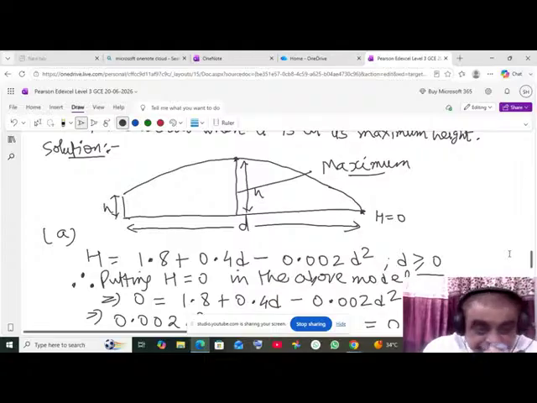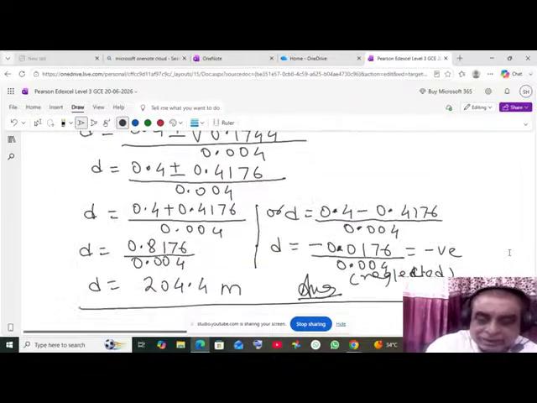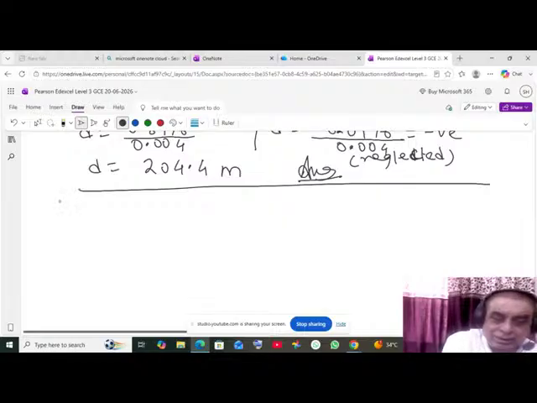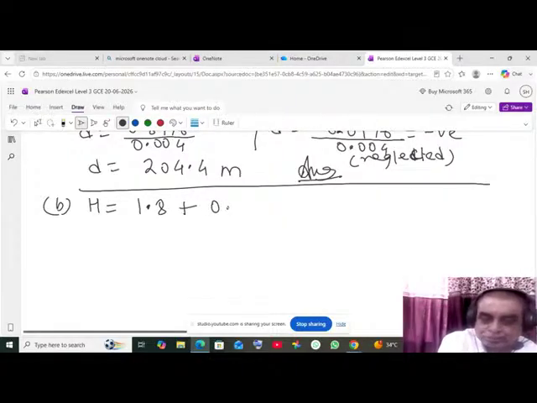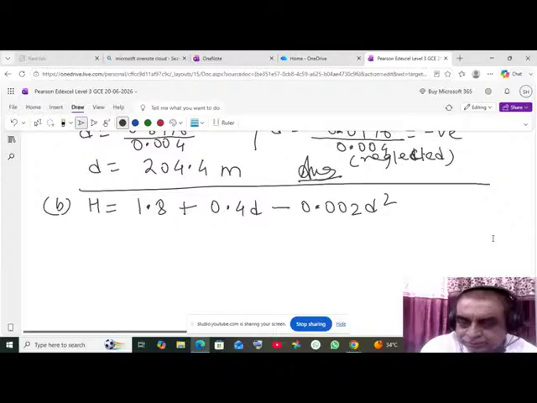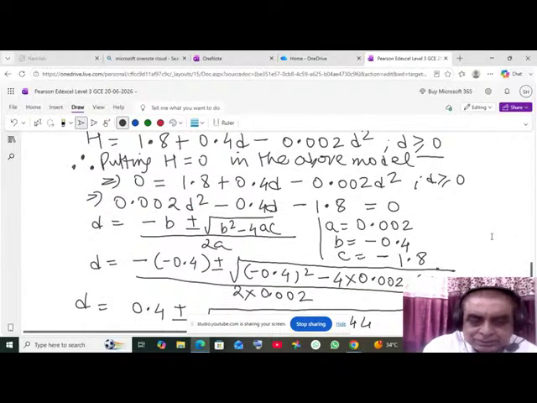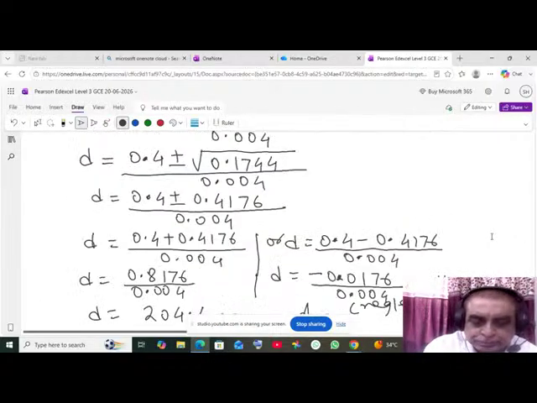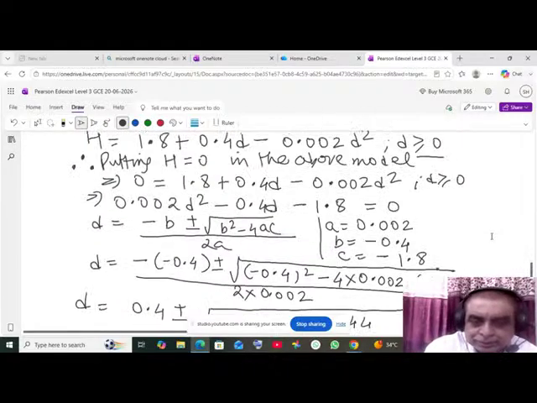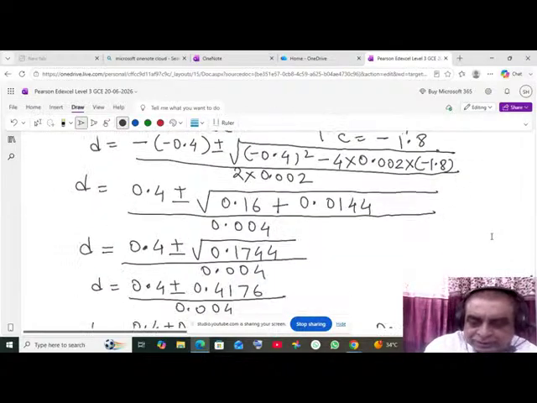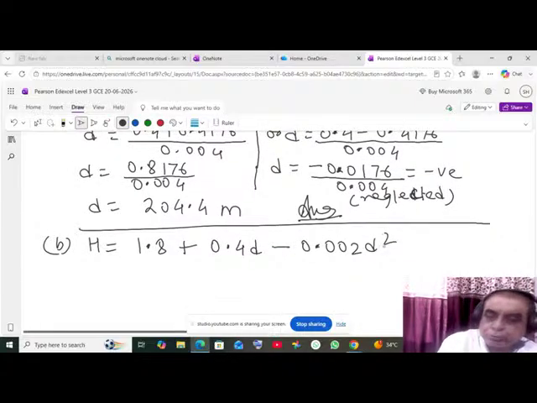Now see here. In this formula, we are told the height of the arrow at any point is given by this model: 1.8 plus 0.4 D minus 0.002 D squared, where the D value is greater than or equal to 0.